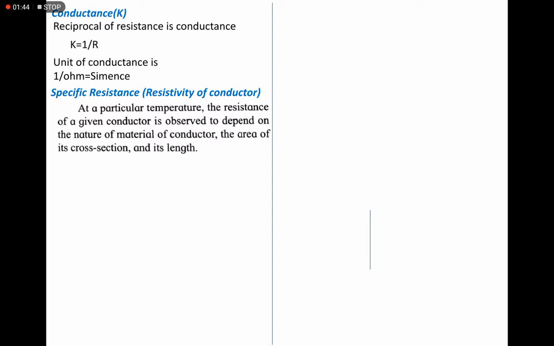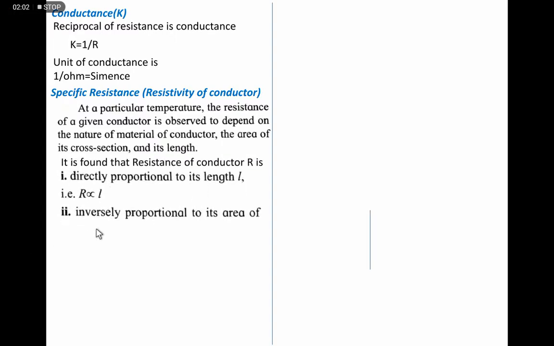Experimentally it is found that the resistance of a conductor is directly proportional to its length and inversely proportional to the area of cross section E, and mathematically the relation is R is inversely proportional to E.